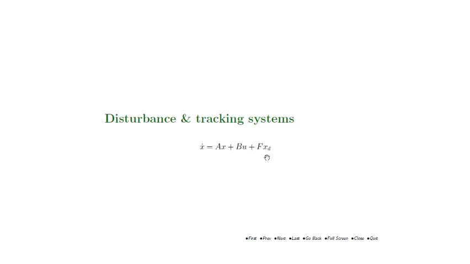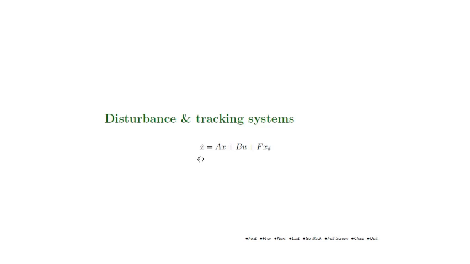Or of course it can be more. You may have more than one disturbance. If you have two, then the F matrix will have two columns. He also mentioned at the time that you can think of this X sub D as a so-called exogenous input, an input over which you do not really have control.